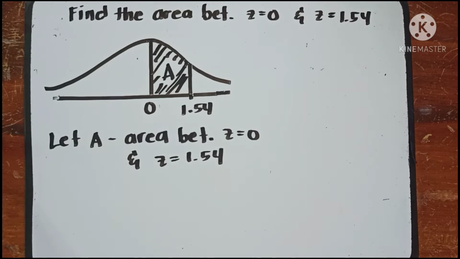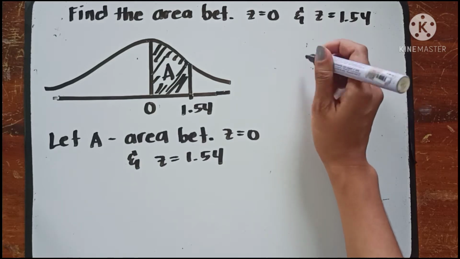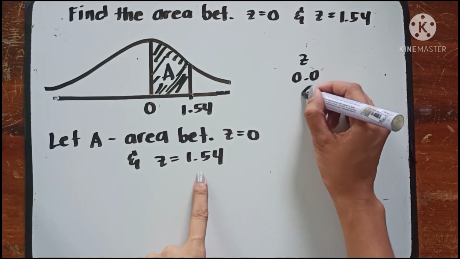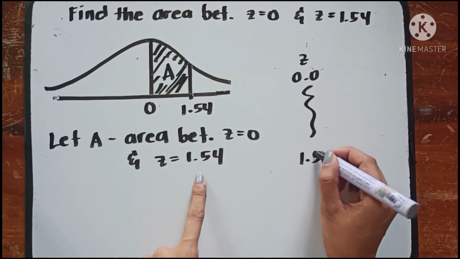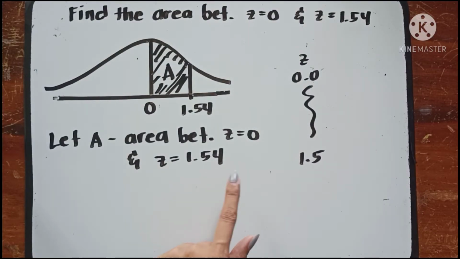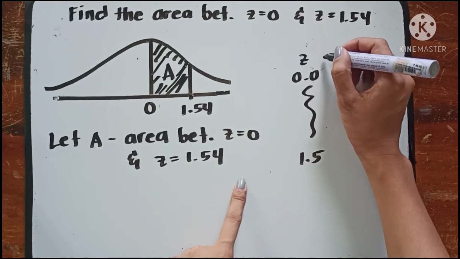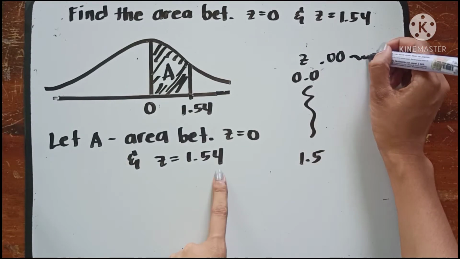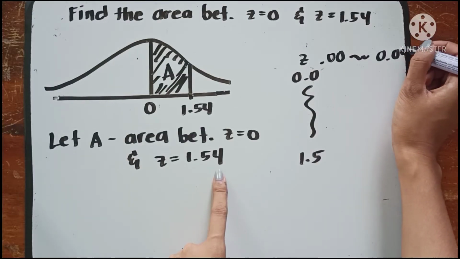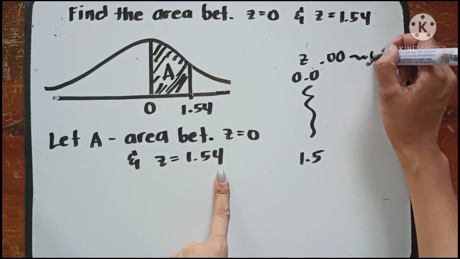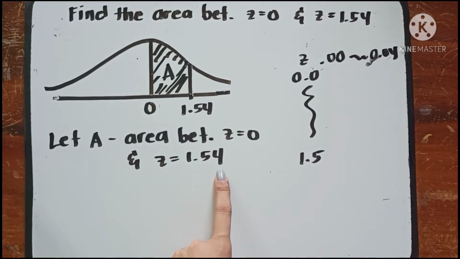Okay, so again, sa paghahanap ng areas from our Z table, so sa first column, meron tayo dito 0.0, hanapin si 1.5. Okay, so since this is 1.54, hanapin si 1.5. Then dun sa taas, hanapin si 0.04. Okay?